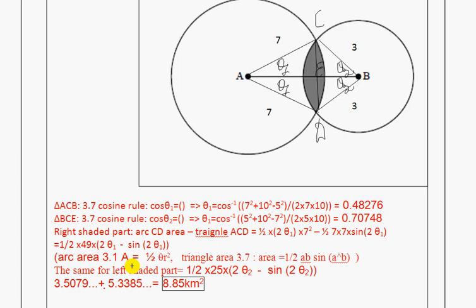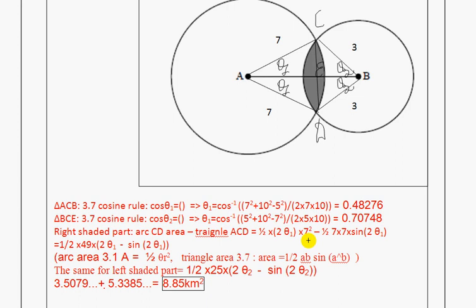So for this shaded area, I should have half 2 theta times 49 minus half 49 sine 2 theta, so this expression.